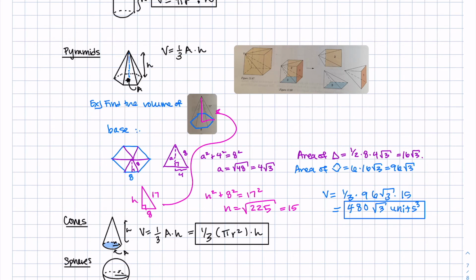So in general, the volume of a cylinder, remember, was pi r squared h, where h was the height of the cylinder.